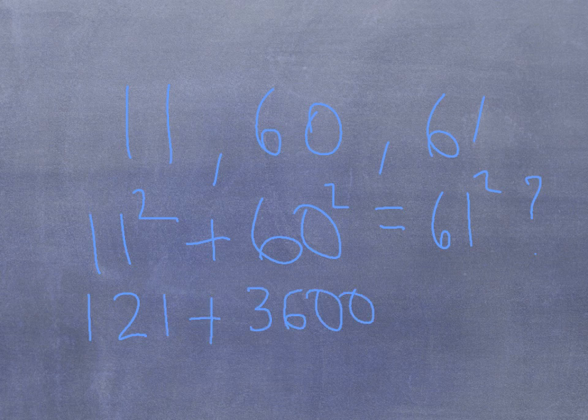And 61 squared is 3721. It's pretty cool. Try it out. See if you can create some Pythagorean triples or triads. Make a list in your book.